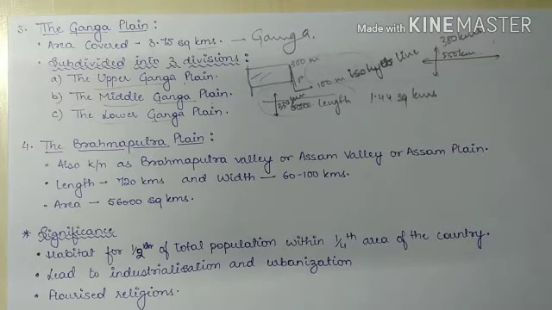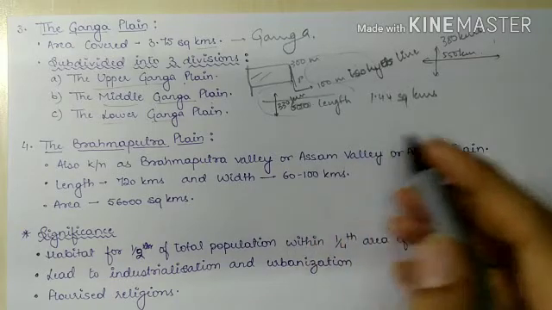So it measures about 580 kilometers from the foot of the Darjeeling Himalayas in the north to the Bay of Bengal in the south, and it is nearly 200 kilometers from the Chota Nagpur Highland in the west to the Bangladesh border in the east.